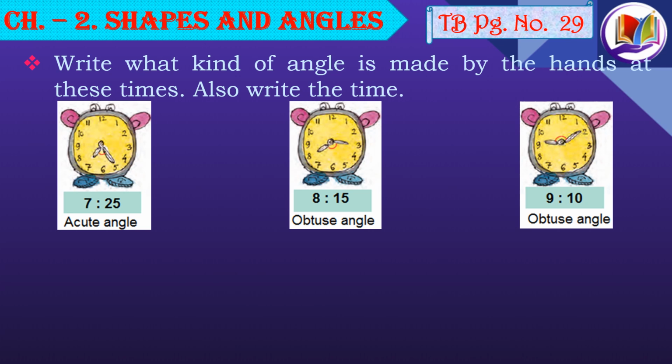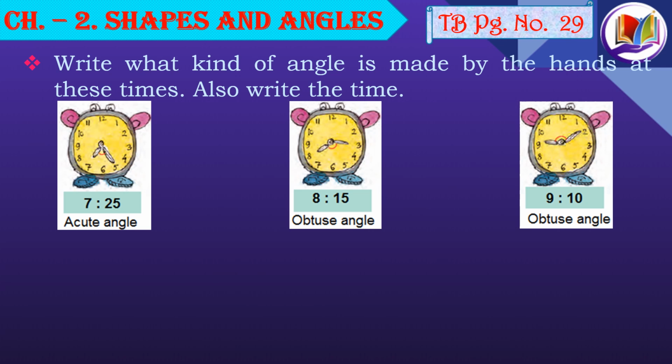Similarly, for the next one, that is an obtuse angle, the difference between the hands of the clock is around 5 numbers, that is a jump 3 to 4, 4 to 5, 5 to 6, 6 to 7 and a little above. That is, it forms more than 90 degree, that is an obtuse angle.